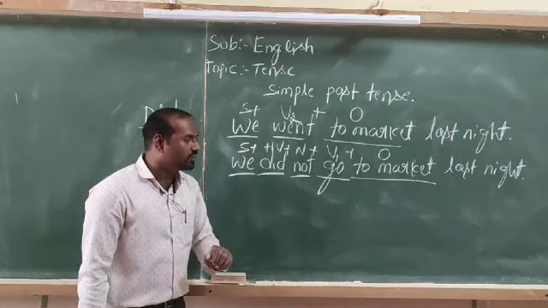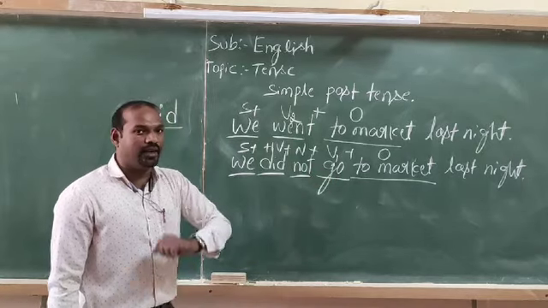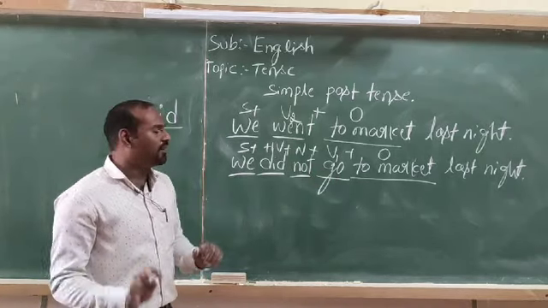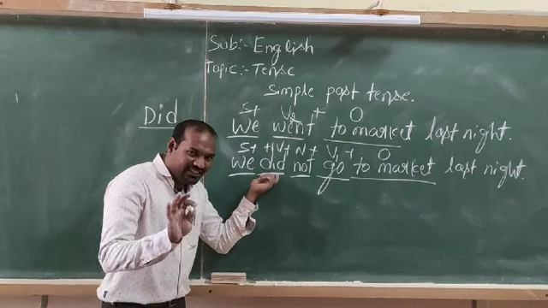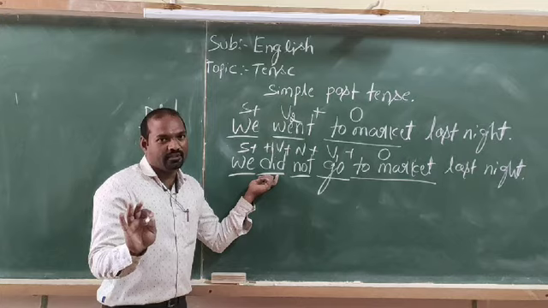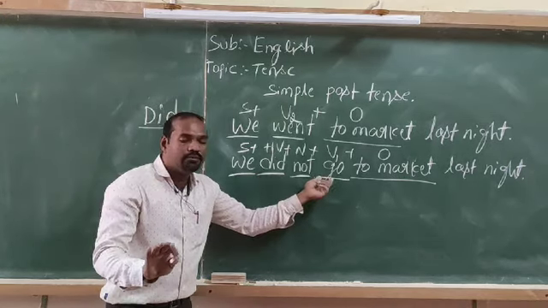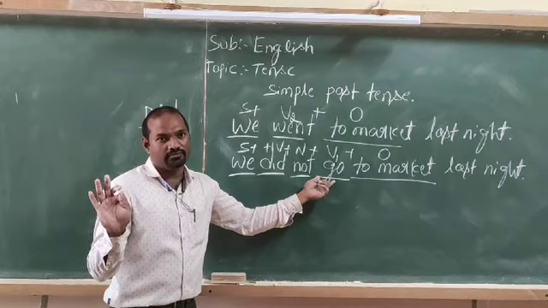You might get confused: Sir, why do we write the present form of the verb in the simple past tense? The answer is very clear, my dear students. Did already indicates a past activity. So if you use did in a sentence, then the verb must be in the present form.